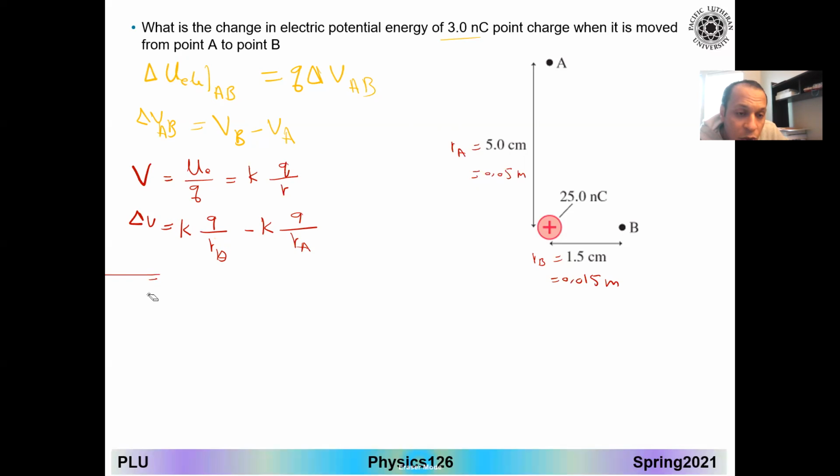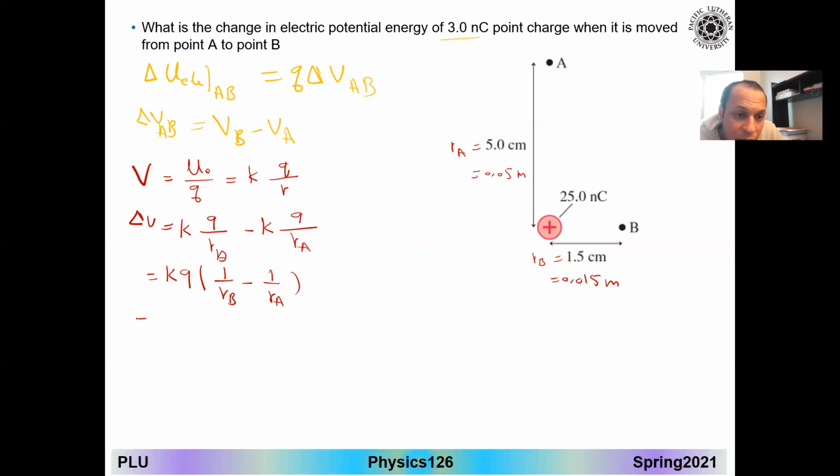Let's take the Q and the K outside. Here is K times Q, times the rest, 1 over RB minus 1 over RA.